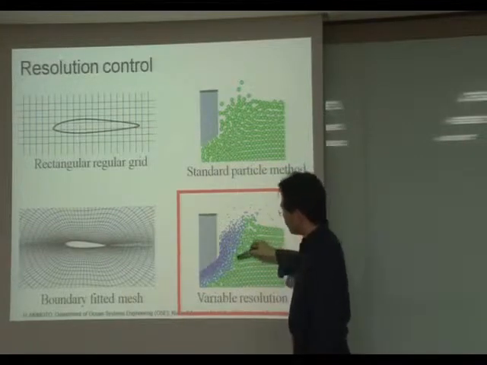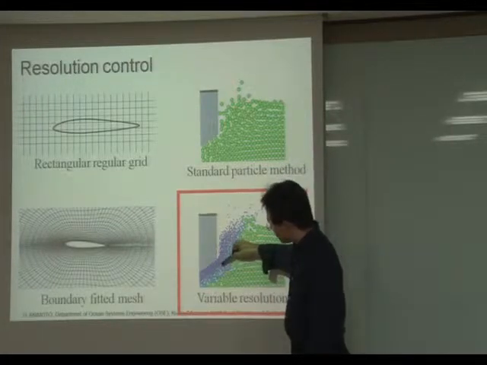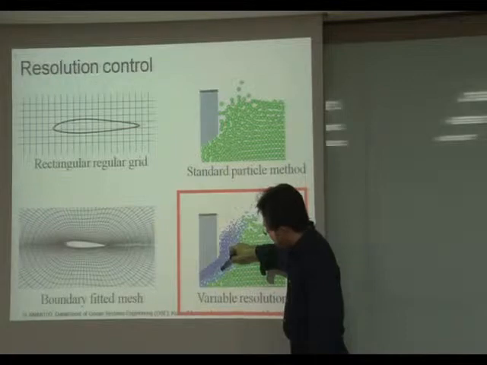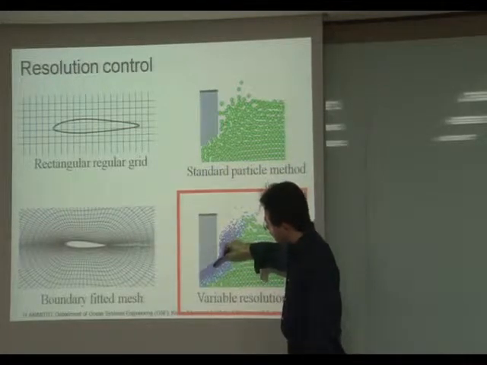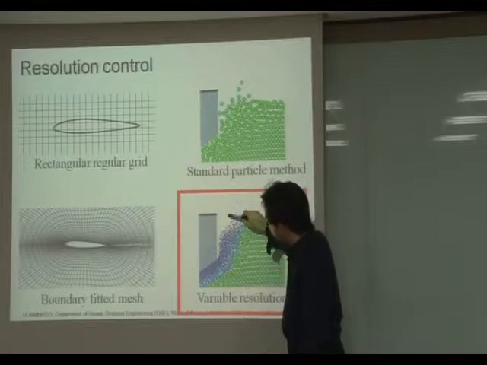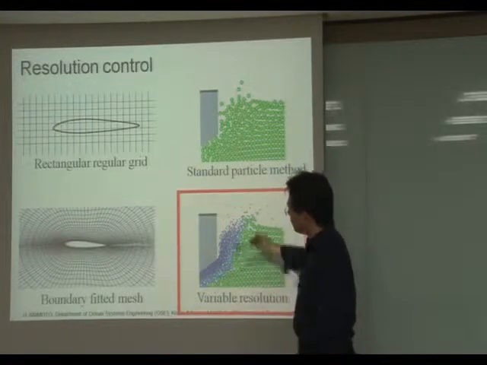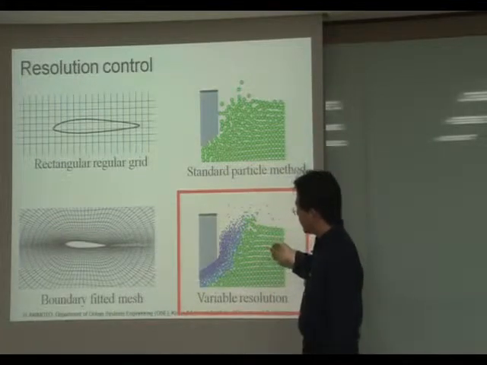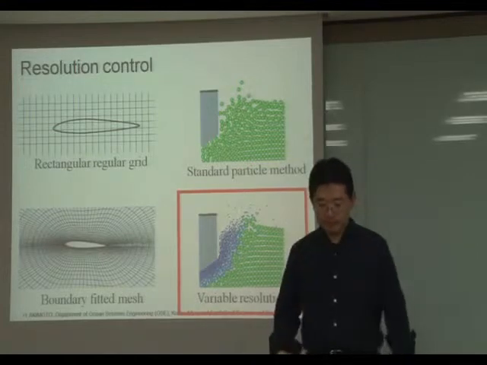So in this case, I divided one particle into 4 small particles. And also, this particle will be divided into 4 further smaller particles. So the mass of this particle is 1/16 of this standard size.